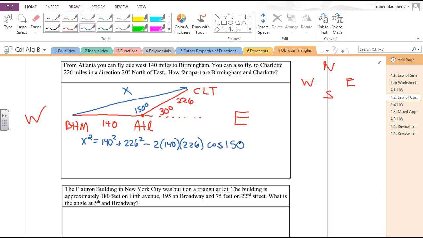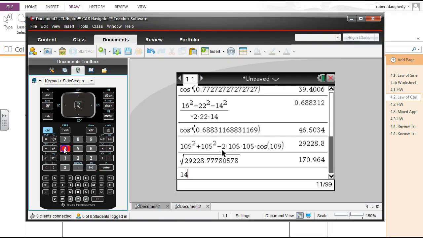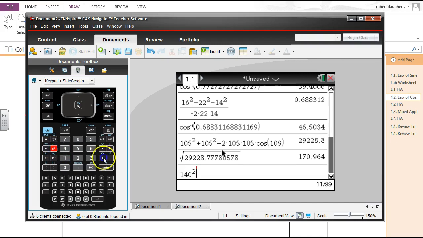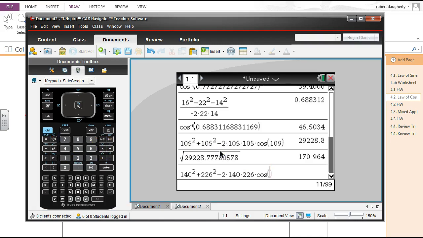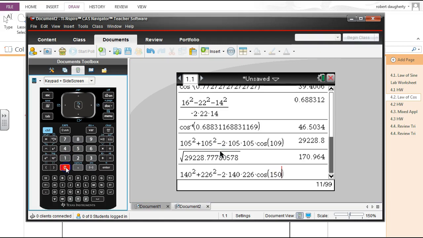This angle is 150 because 150 and 30 is 180. These are supplementary angles. So, calculator time: 140 squared plus 226 squared minus 2 times 140 times 226 times the cosine of 150.